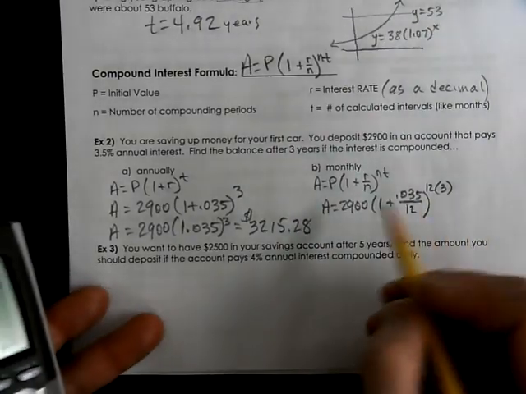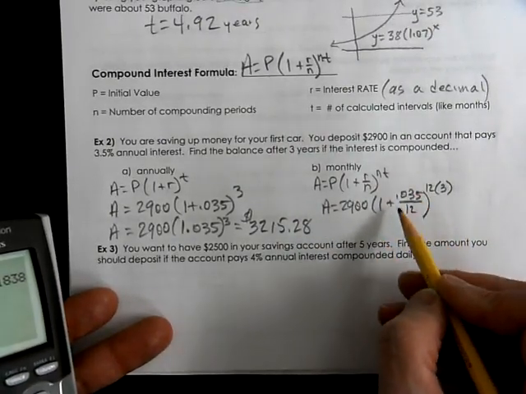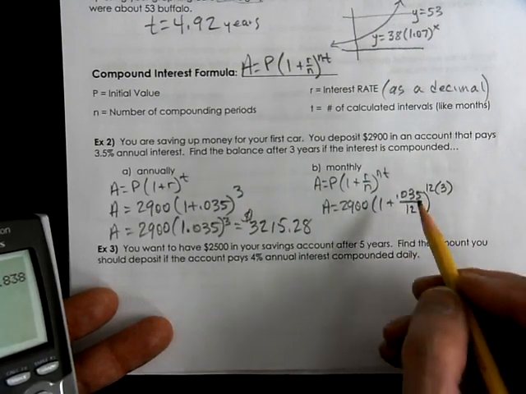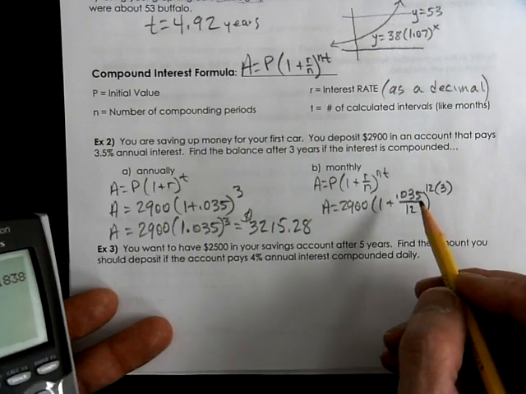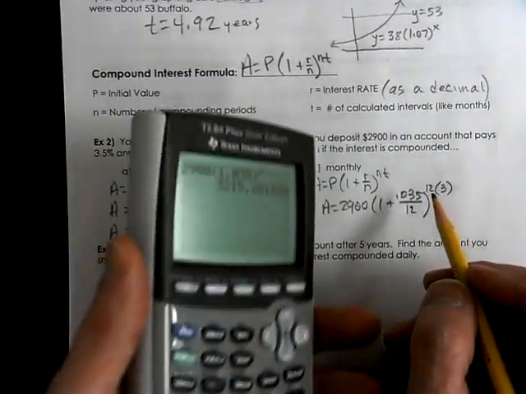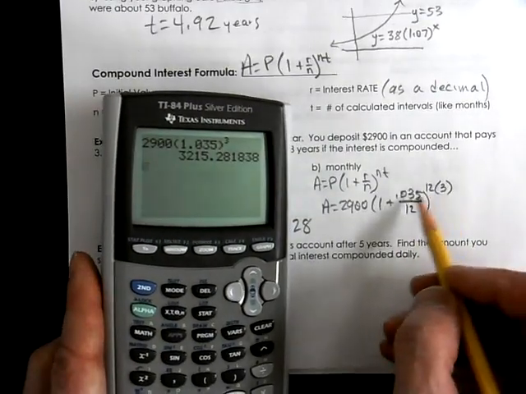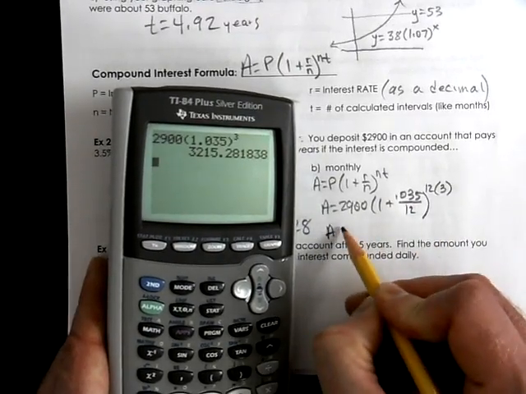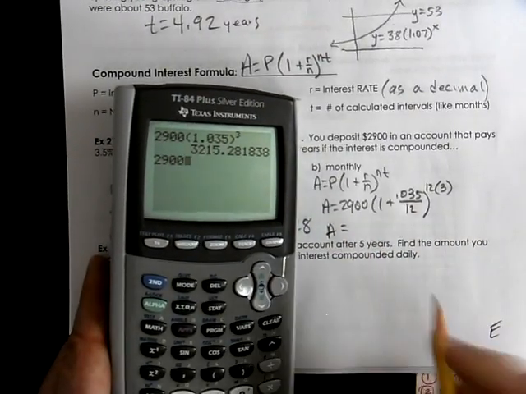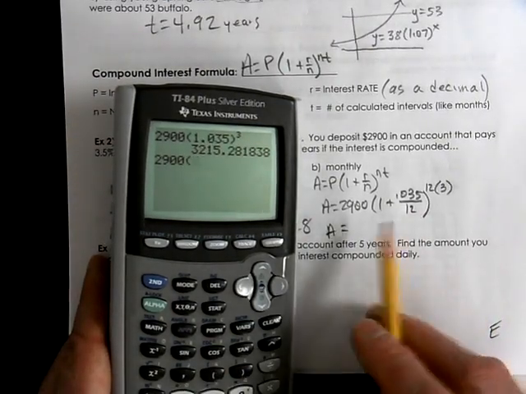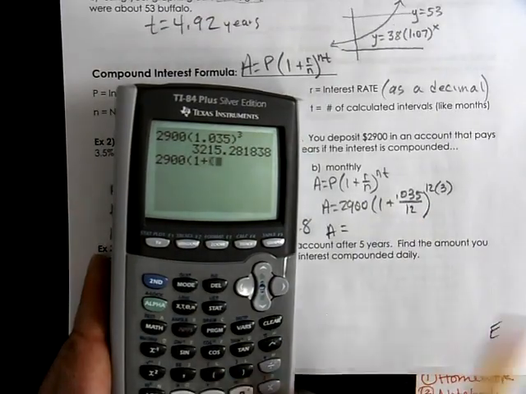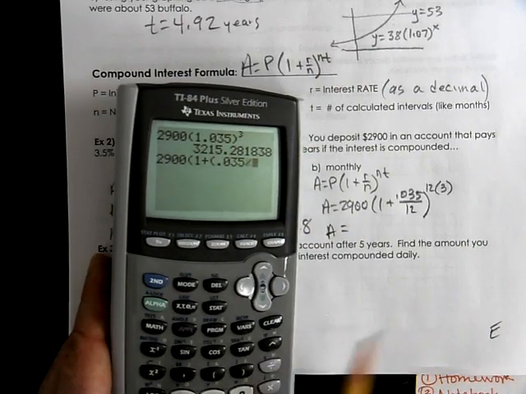So now that you've written this out, you can calculate it, but we're just rounding numbers. I'm trying to have you not round your work. You can round your answer, but don't round your work. So it's safest as long as you write out what your initial equation is here. That's your work. 2,900 times, I use parentheses, 1 plus, now I have a fraction, I have to use parentheses again just to keep things organized, 0.035 divided by 12.